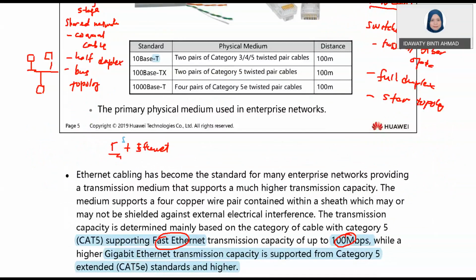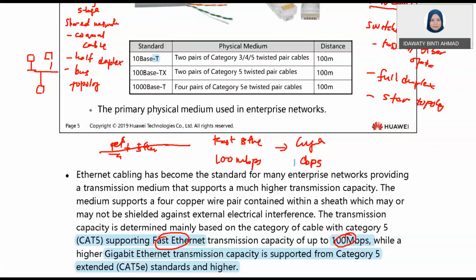Then you have gigabit, which is 1 gigabit per second, Gbps.